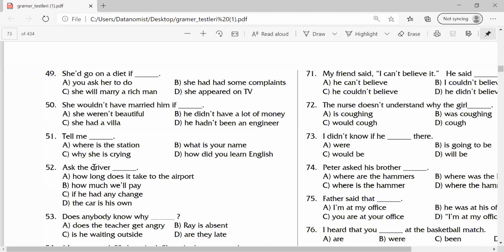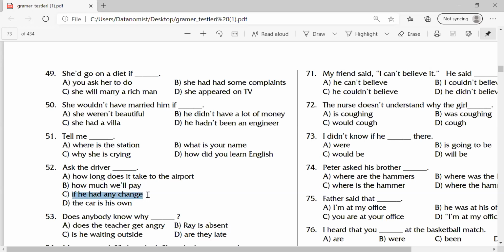Ask the driver. Okay, I'll tell you why not. How long? Because this is a question form. Be yes, no. How much we will pay? Okay, how much we will pay? Conjunction, subject, verb. Okay, if he had any change. Okay, now look at this.